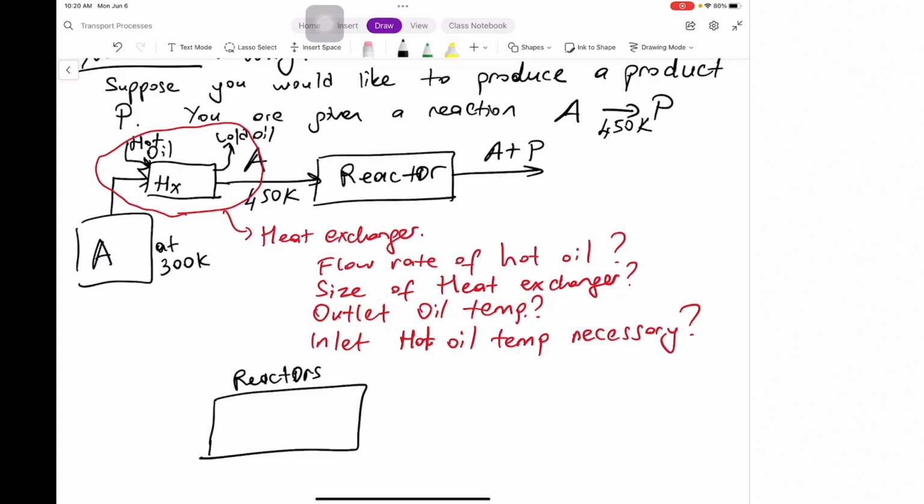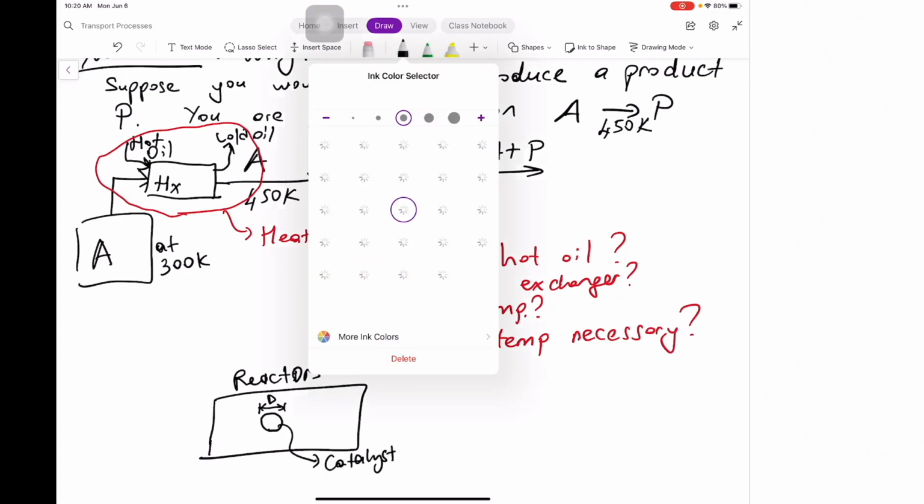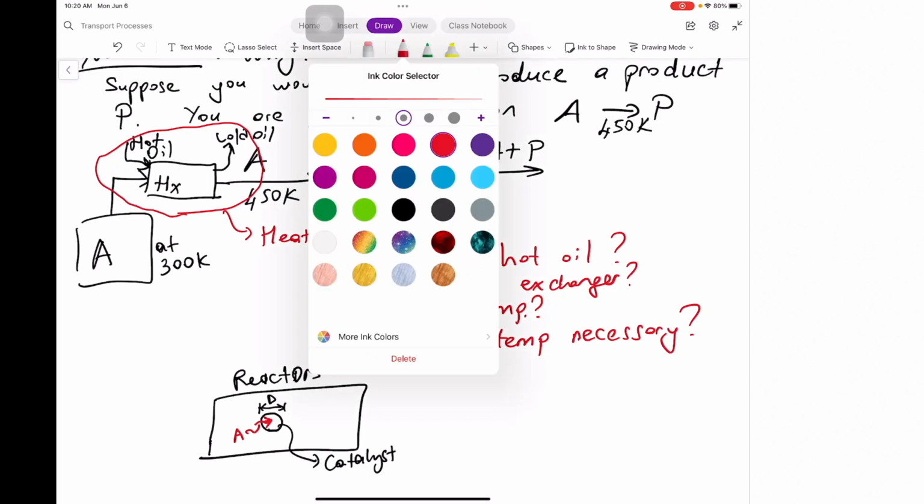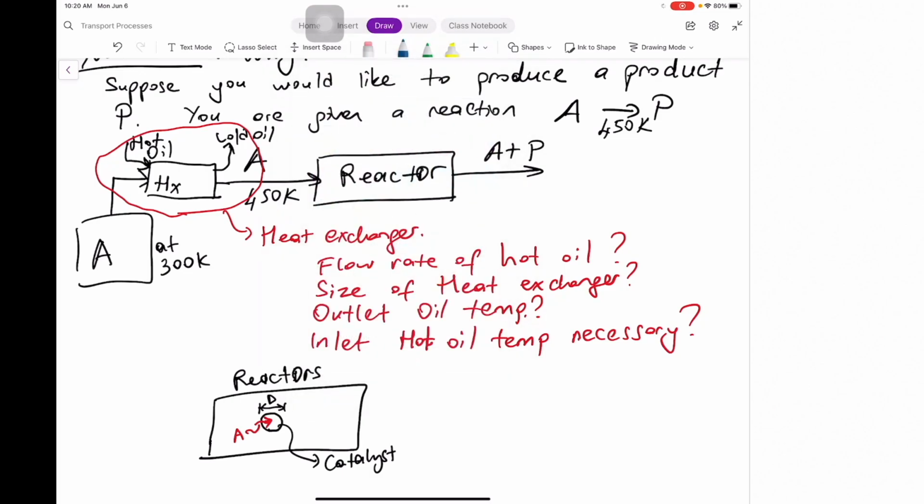For example, if you have a catalyst here with a diameter d, this is your catalyst, and maybe the reaction is taking place in this catalyst, and relies on the species A diffusing into the catalyst, and the product coming out of the catalyst by diffusion.